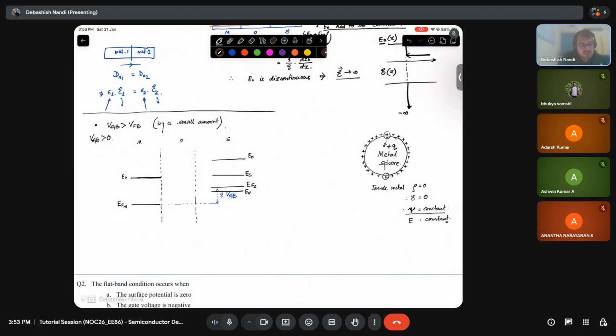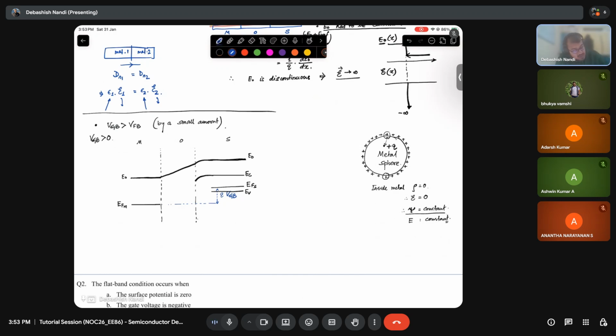And what about the insulator? It will have a linear profile of energy because of no charge enclosed inside the insulator. So I'll have something like this. And this semiconductor band will bend to flush the E0. And what will I draw next? EC will follow exactly E0.